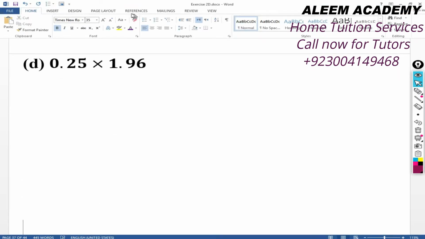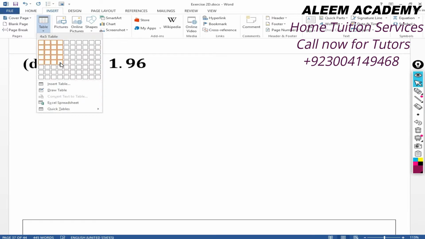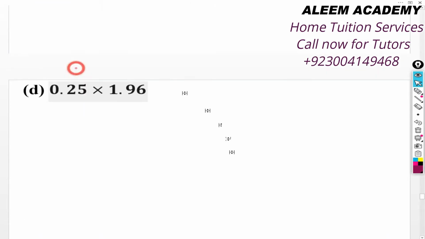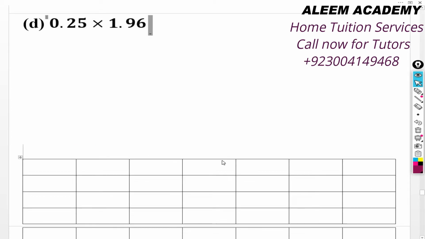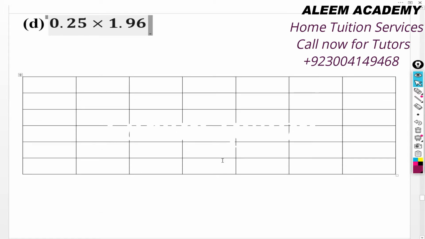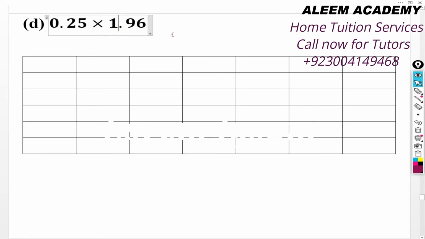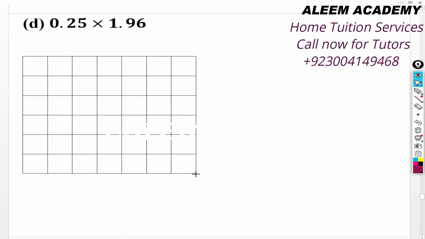So we go to insert and simply draw a table to calculate these values. Here we write 25, and here we write 196.